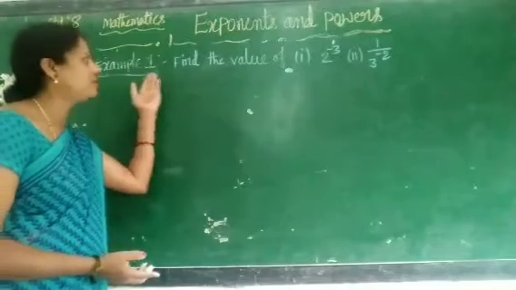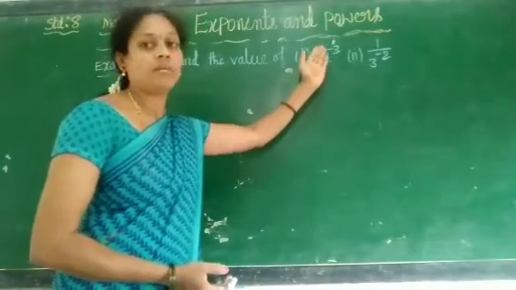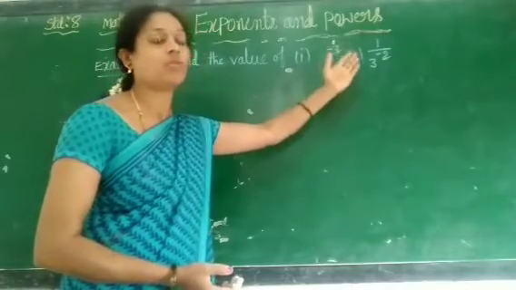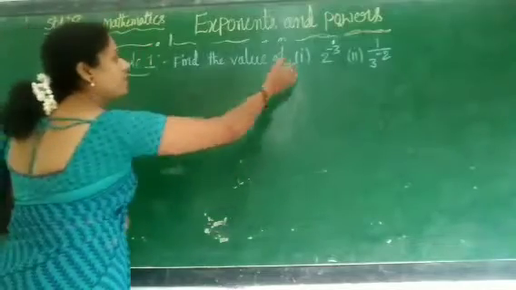Example 1. Find the value of 2 to the power minus 3 and the second one, 1 divided by 3 to the power minus 2. First we will take the first one.